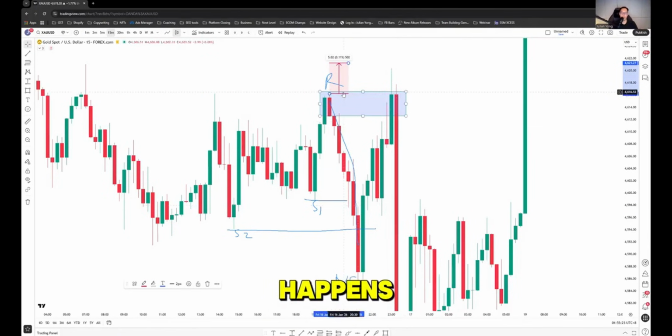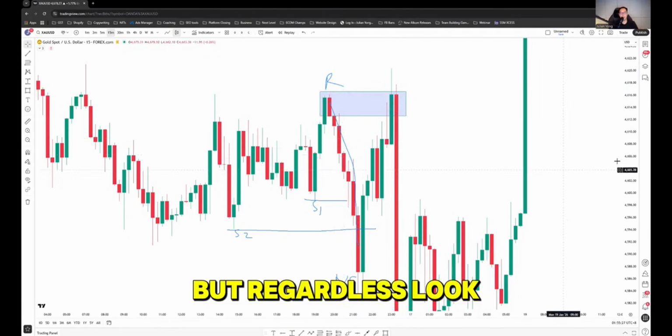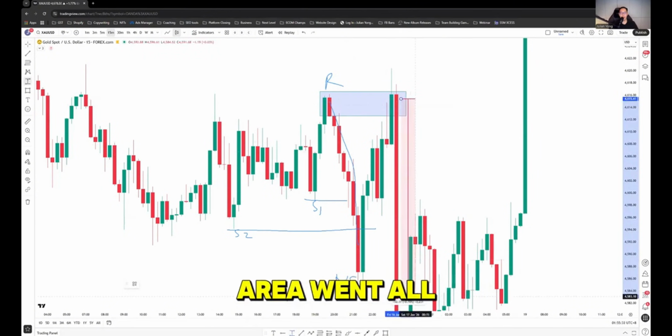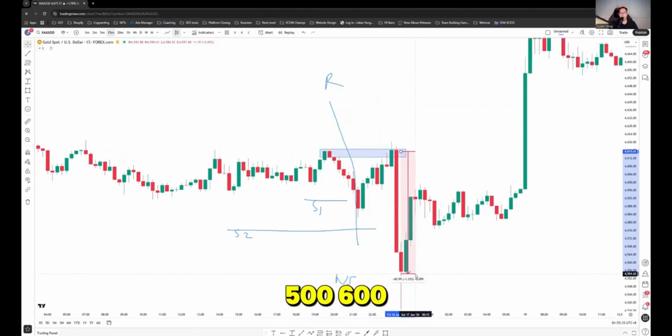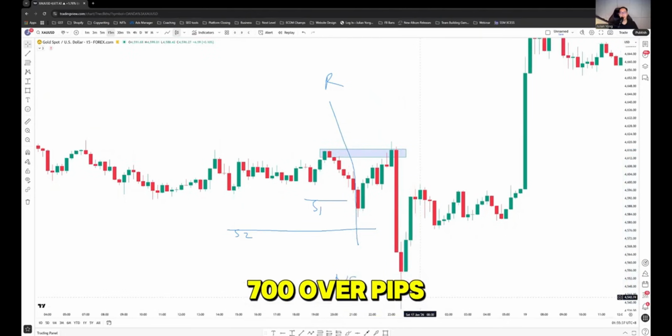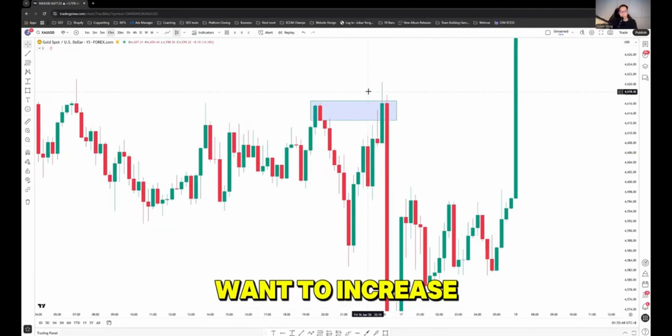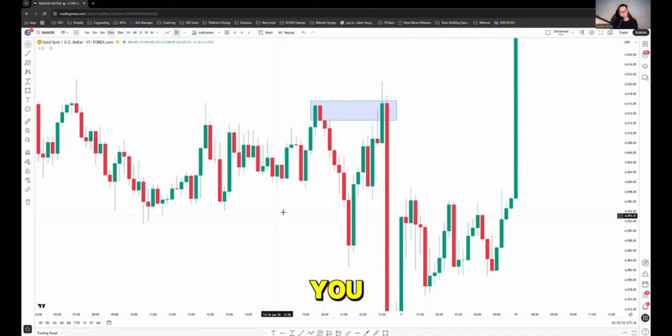So shit happens. But regardless, look at how far this actually went down. Exactly at this area, went all the way down 500, 600, 700 over pips with this RSS. So if you want to increase the stop loss a little bit, well, you can do that as well. I'll leave that up to you.